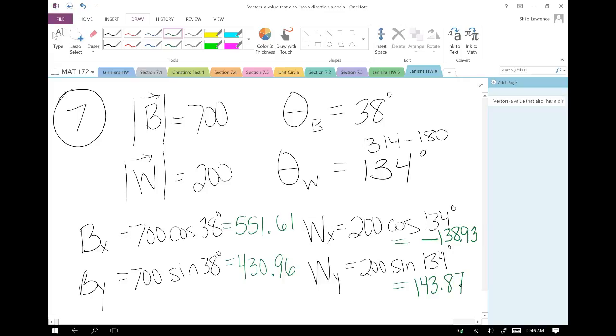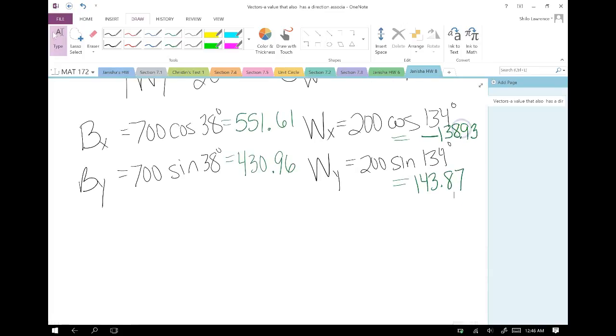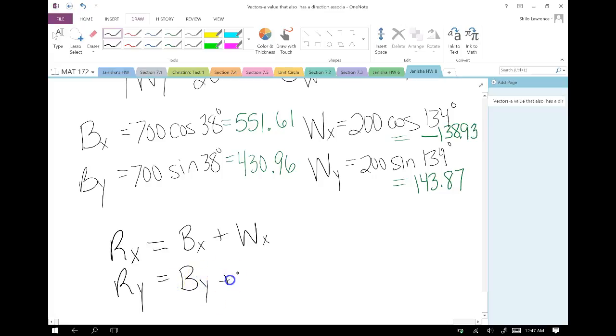So I've broken my boat and my wind down into components. Now I can combine corresponding components. I want to add together my boat's x component and my wind's x component to get an x component for my answer. And I want to add together my boat's y component and the wind's y component to get a y component for the answer.